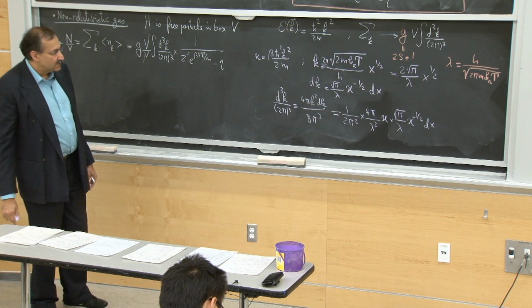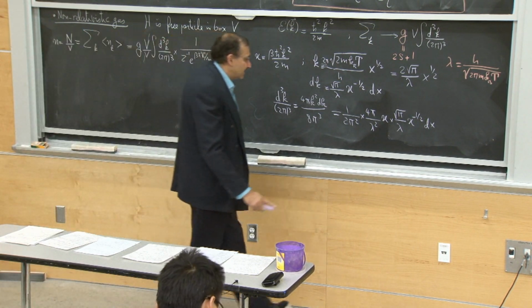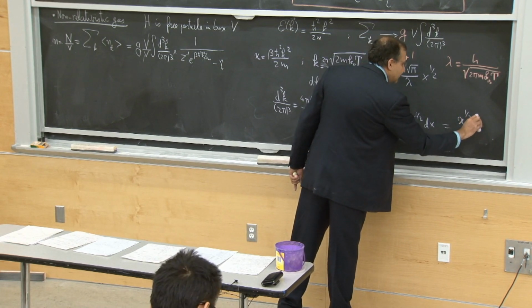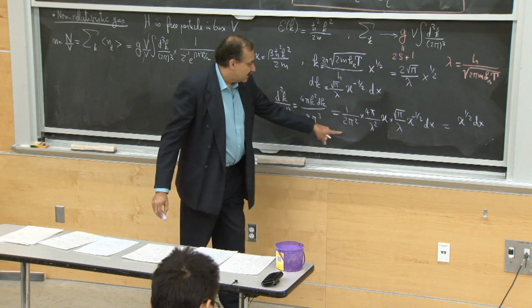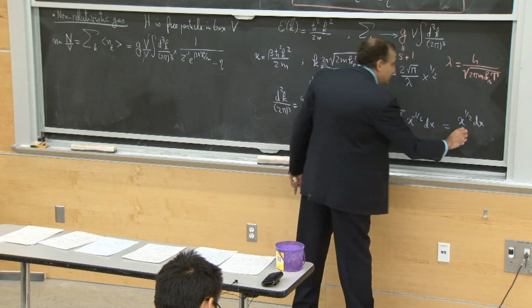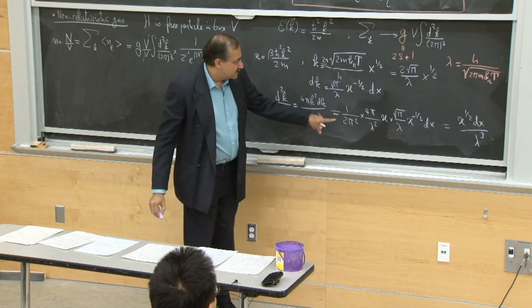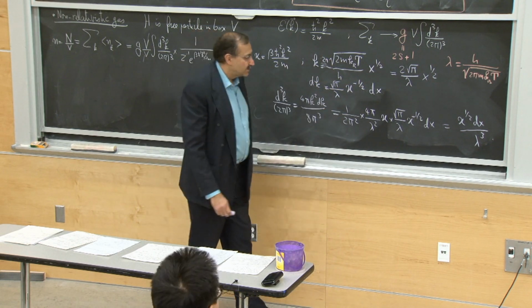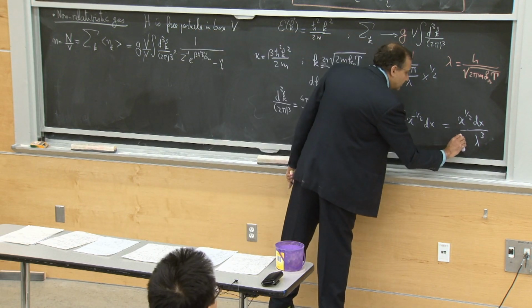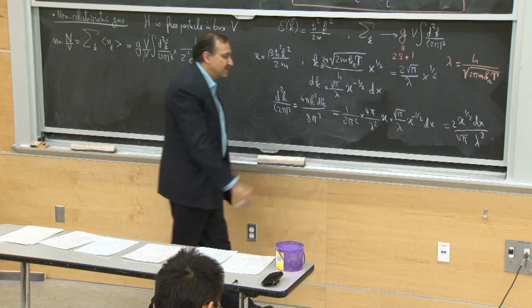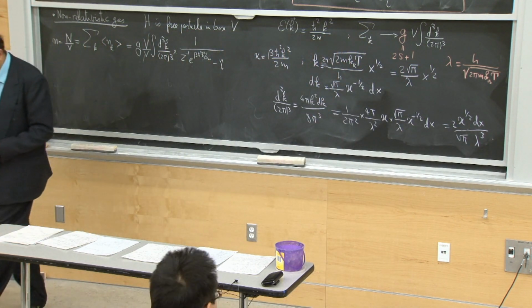So you can see lots of things cancel out, and the answer is going to be x to the 1/2 dx divided by lambda cubed. And what is left from all of these pi's, etc., is a factor of square root of pi over 2, or 2 in the numerator, or square root of pi over 2 in the denominator.